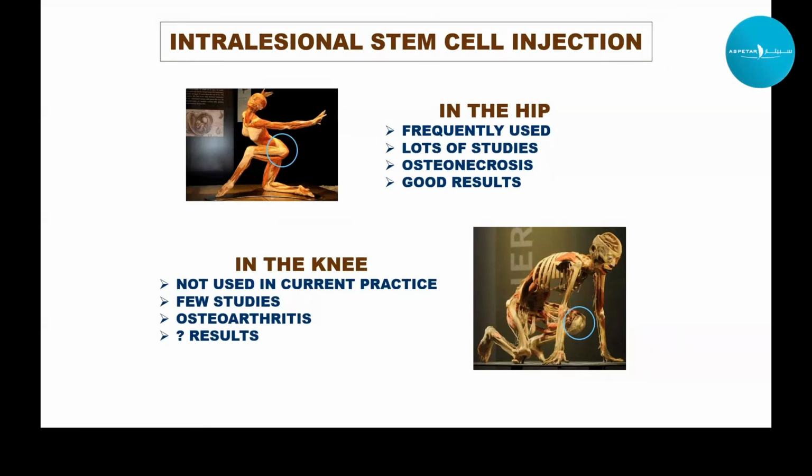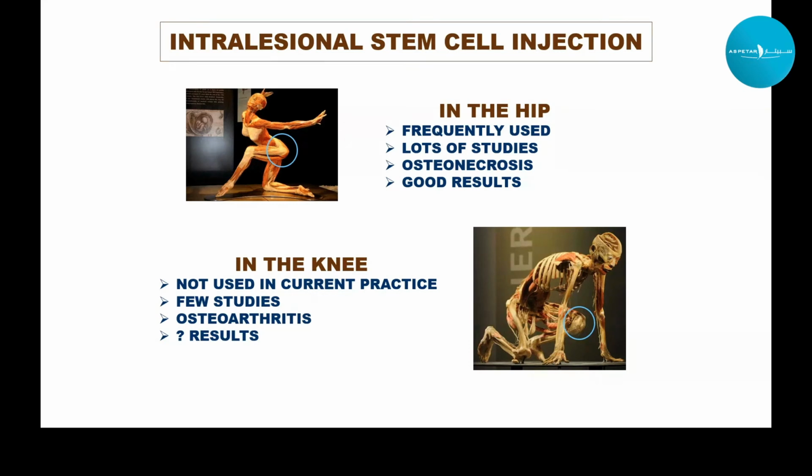But when we're talking about stem cell injection, is it enough just to put the cells inside the joint? Or do you have to put them also inside the bone? Because we're still discussing whether the most important component of osteoarthritis is in the bone, the synovium, or the cartilage, when it started.